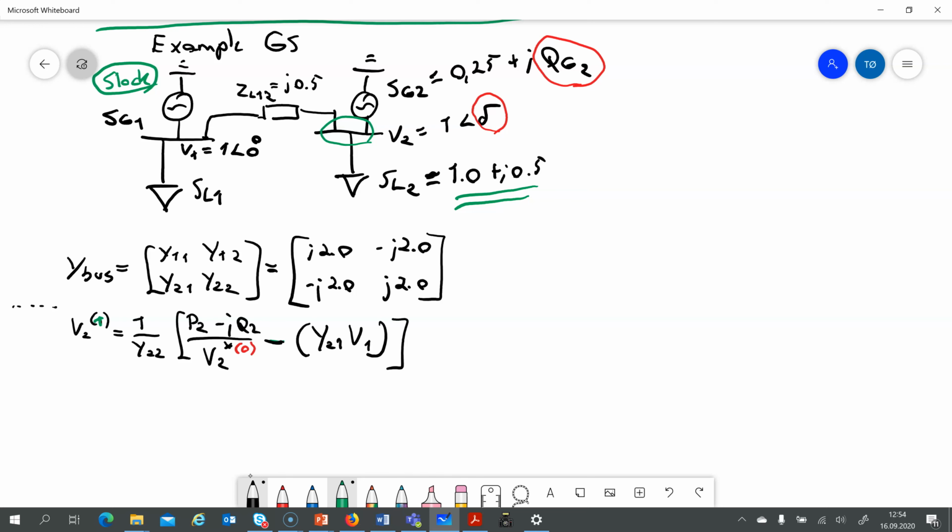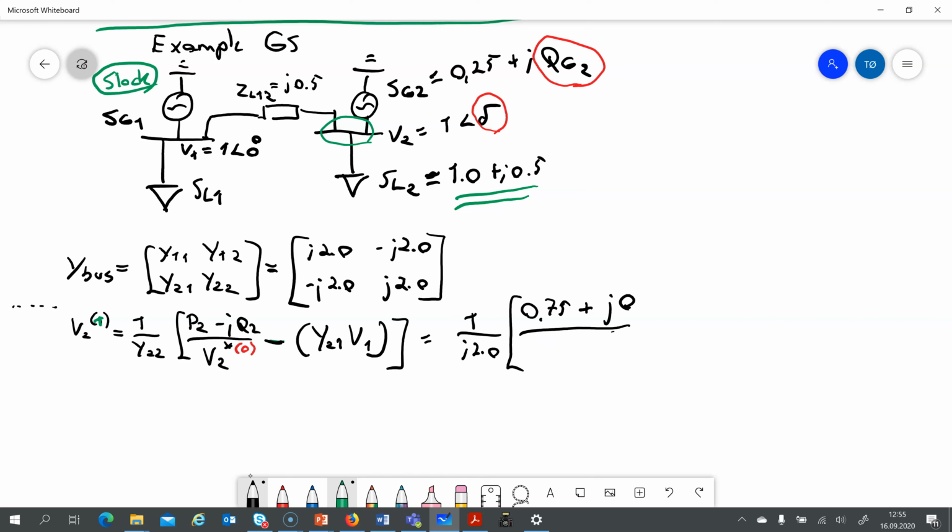Then we can start to put in numbers: 1 divided by minus j2.0, and then we know that P2 is 0.75 plus j, we use, don't know, so say 0.